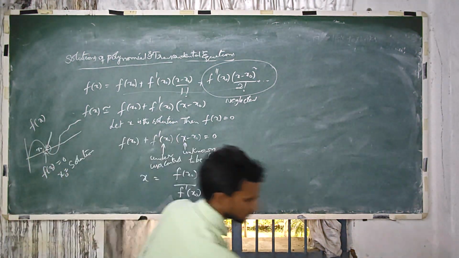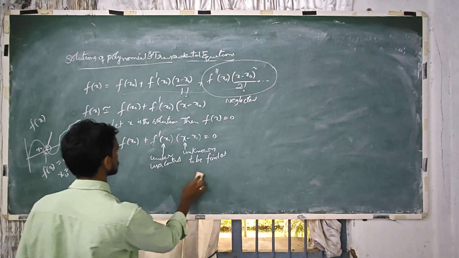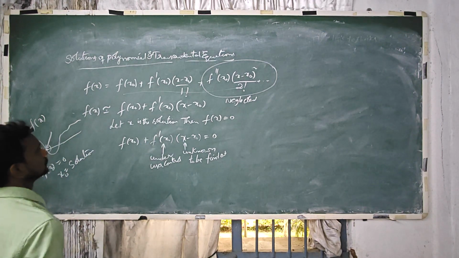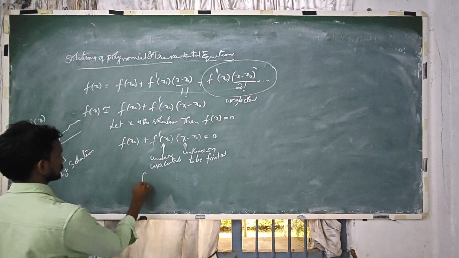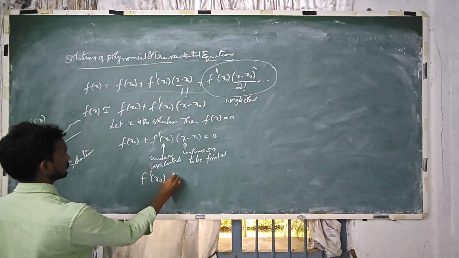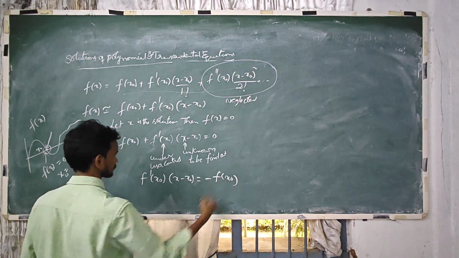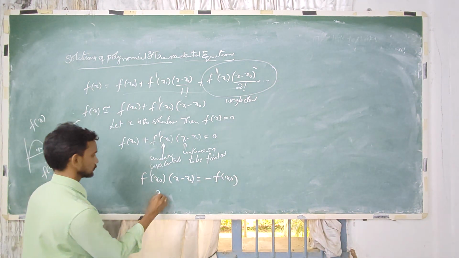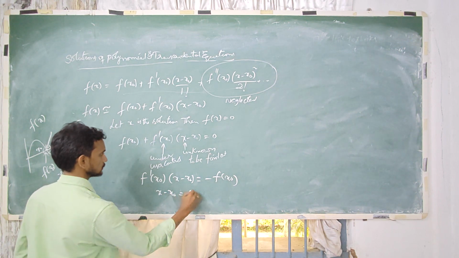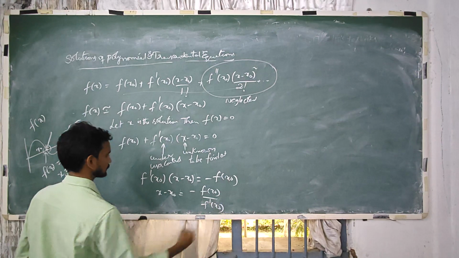Okay, we'll simplify it. f'(x0)(x - x0) = -f(x0). Right? So x - x0 = -f(x0)/f'(x0).